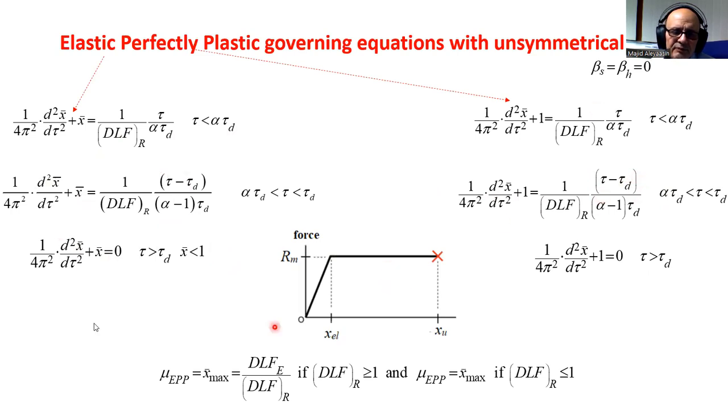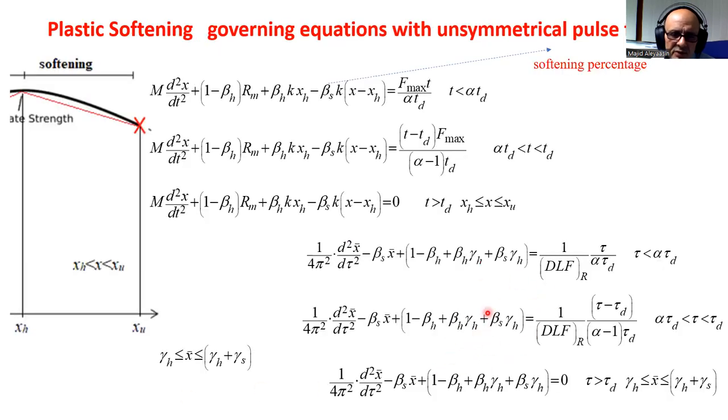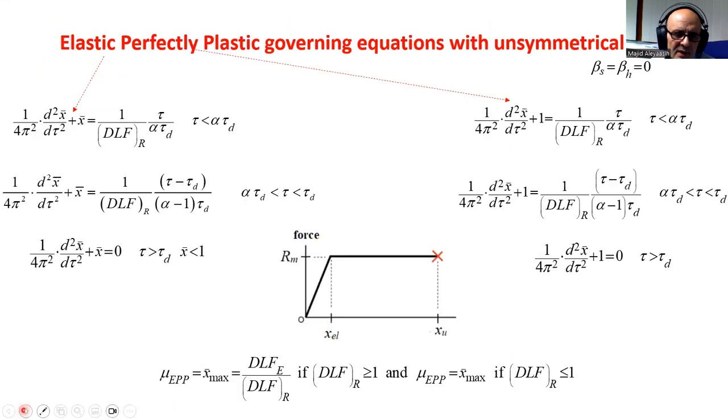And obviously, this is the model our engineers and designers are using. But I want to examine what happens if I include hardening and softening. Both fall in the category of non-smooth systems.